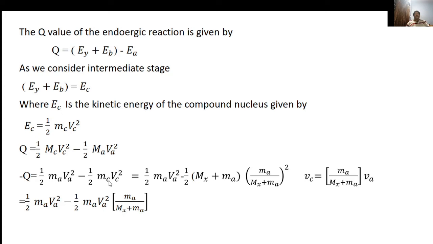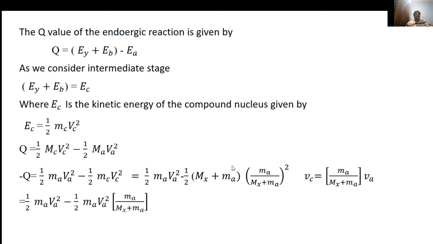Now substitute the values of mc and Vc: in place of mc, mx plus ma, and in place of Vc, we can write ma by (mx plus ma) into Va. Here, this equation can be written as ma by (mx plus ma) into ma by (mx plus ma).